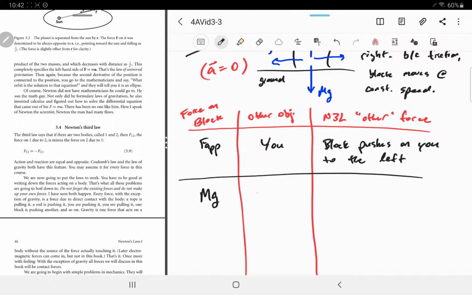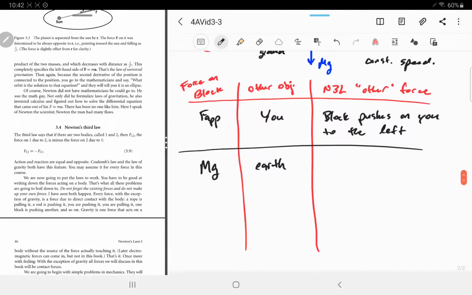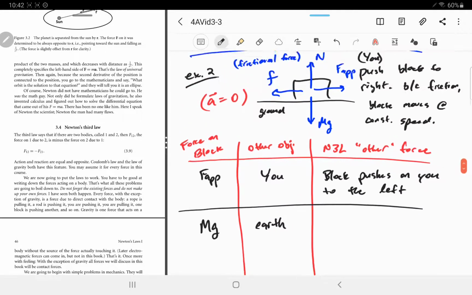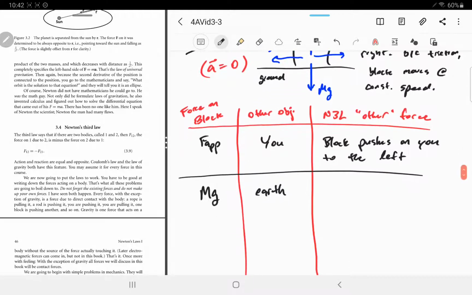It requires the whole mass of the Earth to pull down on this thing. If it was just the ground in space, that's not going to provide this gravitational force. So this force depends on the whole mass of the Earth, a huge mass pulling down on it. If the Earth is pulling down on the block, the block pulls upwards on the Earth.